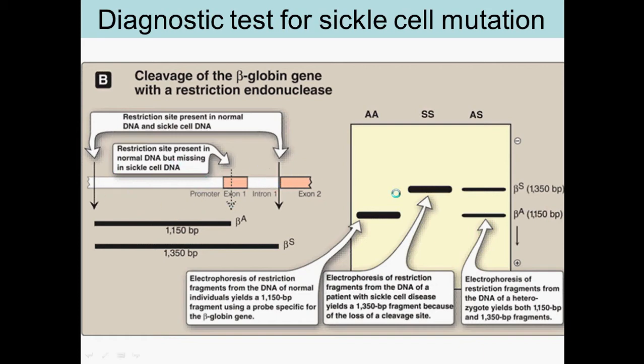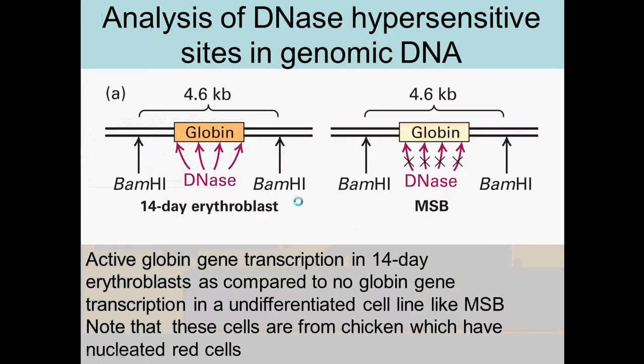And this one is going to be longer because there's no cut here, so from here to here the whole gene stays together. And in a heterozygous individual, one chromosome is going to have the sickle cell one, which is longer, and the normal one, which is shorter.